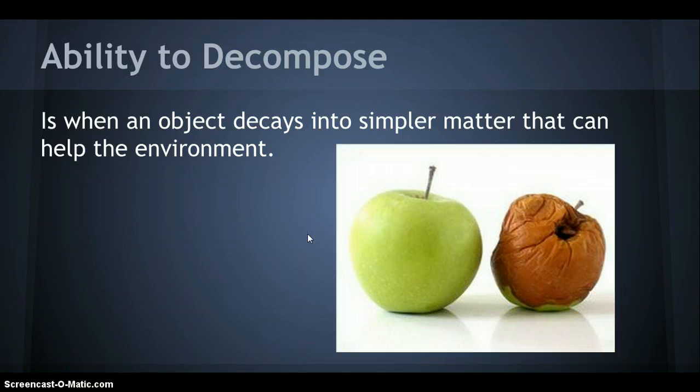Whereas the apple on the left looks perfect because it has no punctures and it has been preserved. Now the apple on the right cannot be reversed. It will forever decompose and it will continue to decompose until it turns into matter for the environment and it will just go away.